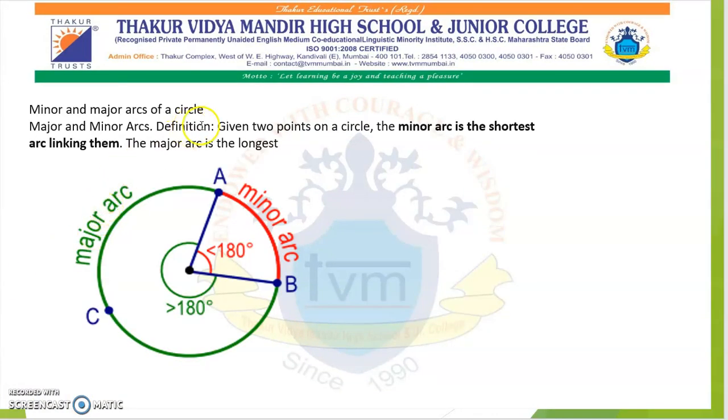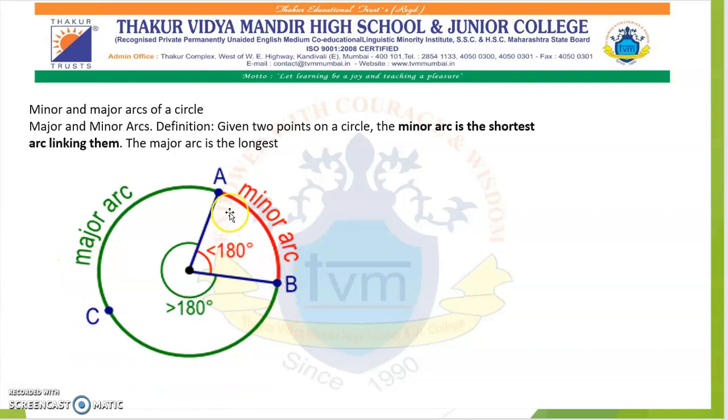Minor arc and major arcs of a circle. Definition. Given 2 points on a circle. Suppose this is a circle and A and B are 2 points on the circle. The minor arc is the shortest arc linking them. The major arc is the longest one. We can see this red one, the smaller part of a circle, is called minor, and the bigger one is called the major arc.